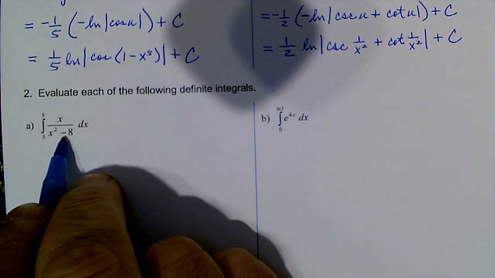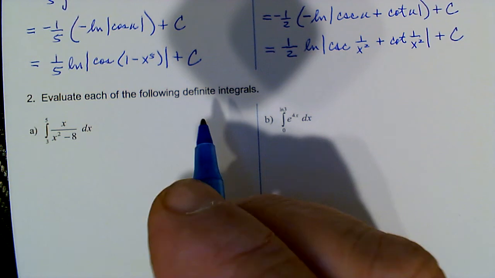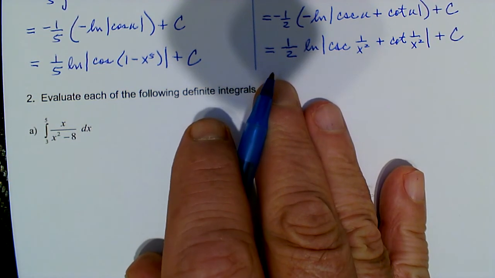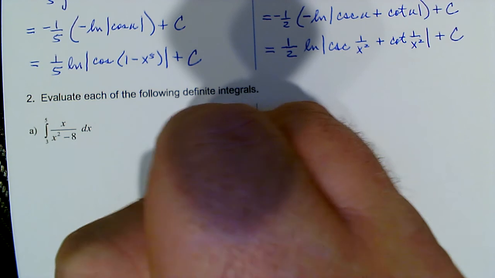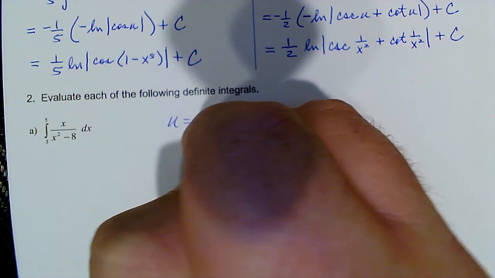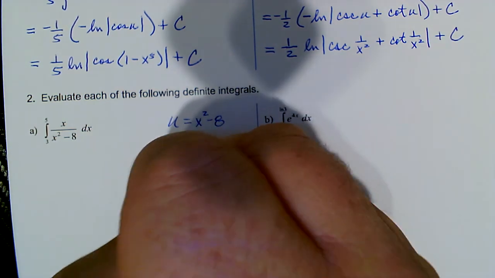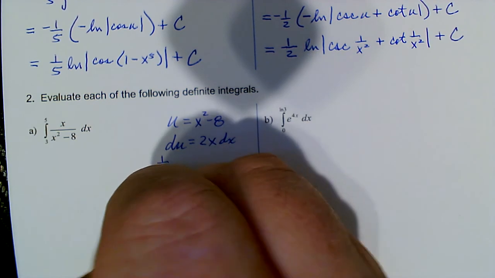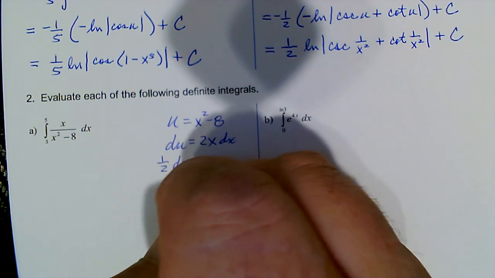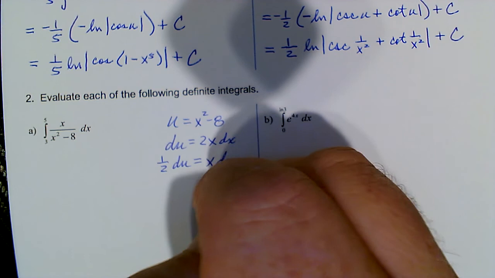And it is not, it is just a function of x, so we're going to try to fit the form for du over u by choosing u to be the denominator, x squared minus 8. The du is calculated, that's 2x dx, and we modify routinely to get that 1/2 du is x dx.